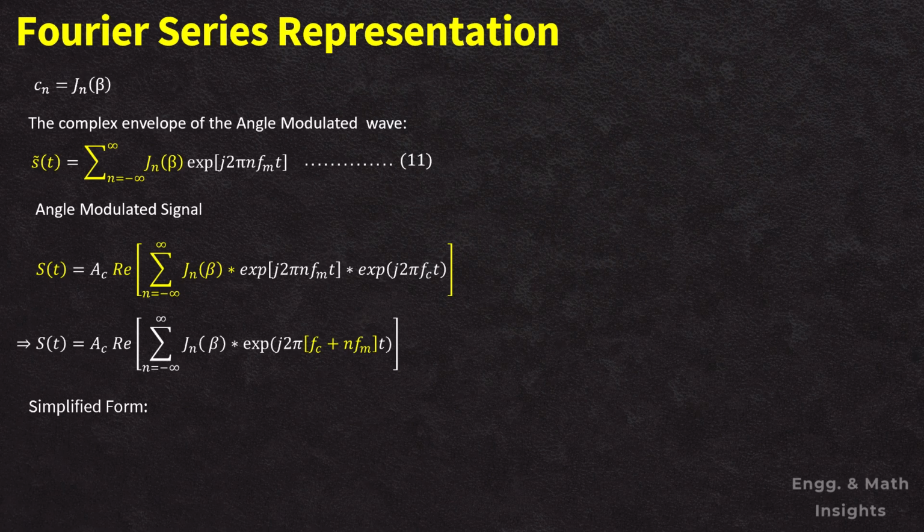We can write this in more simplified form as s(t) is equal to Ac summation from n equal to minus infinity to infinity Jn(beta) cos 2 pi (fc plus n fm) t. Identify this as equation number 12.